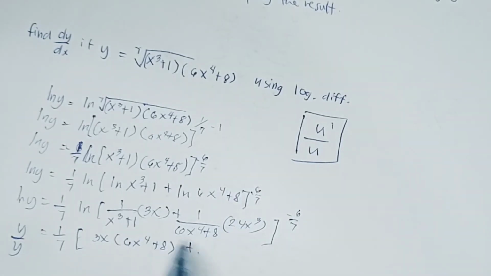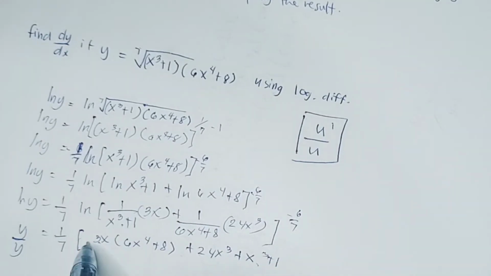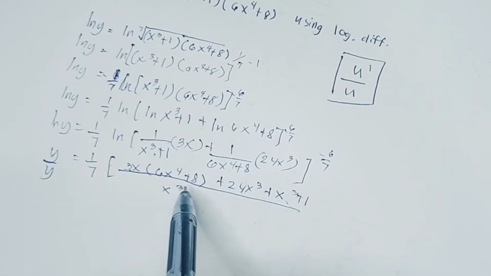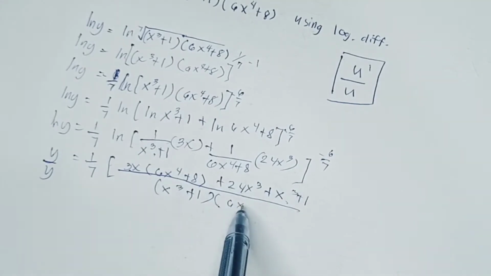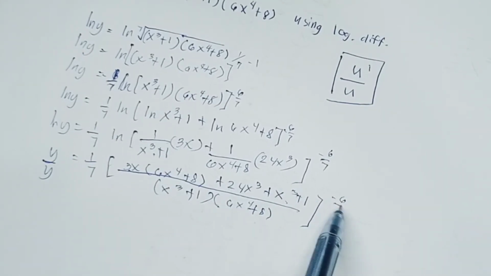Then multiply by x cubed plus 1 times 6x raised to 4 plus 8, raised to 1 over 7, the same equation as the y.